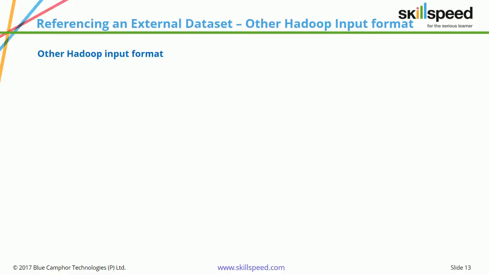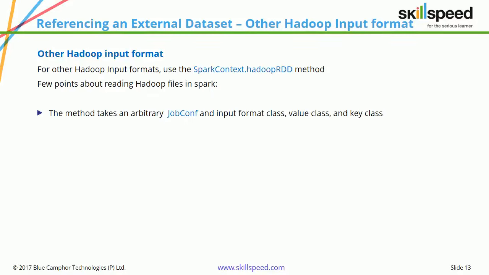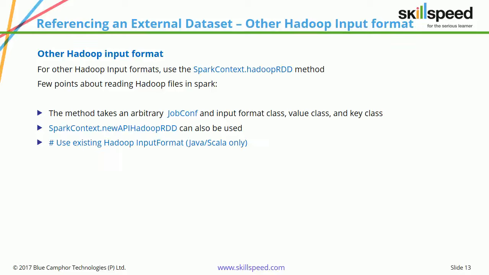Now, what is the other type of format Spark can read? You can always use something called Hadoop input format. For any other Hadoop input format, you can use the SparkContext hadoopRDD method. This takes an arbitrary JobConf and input format class, key class, and value class. SparkContext newAPIHadoopRDD can also be used. You can use existing Hadoop input formats.